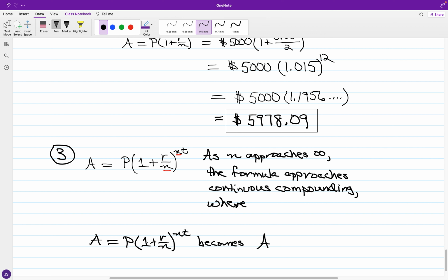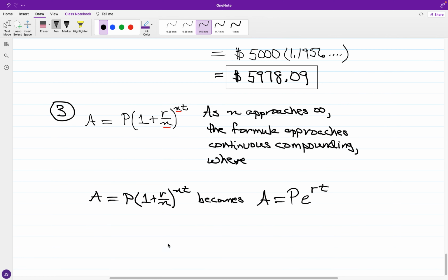With our parenthetical statement case, so for 1 plus r over n raised to the n times t power, this is going to become p and 1 plus r over n to the n times t power. As n approaches infinity, this is going to become e to the r times t. And again, where we have e to be that 2.718 figure. Okay, so we have e to apply in the case of what we have with finance.